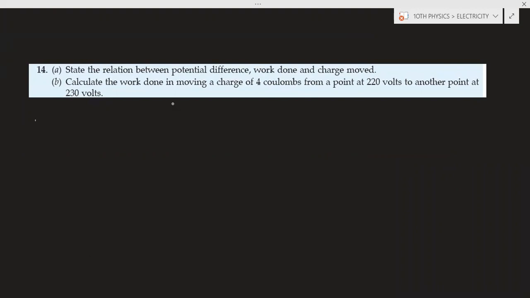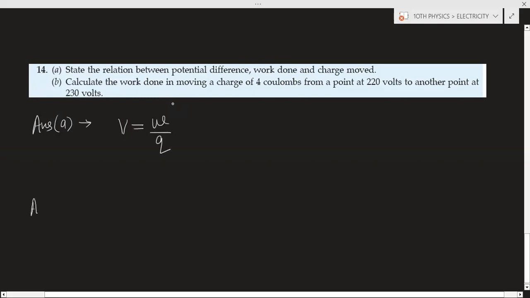The simple relation is that potential difference V is equal to the work done divided by the charge.